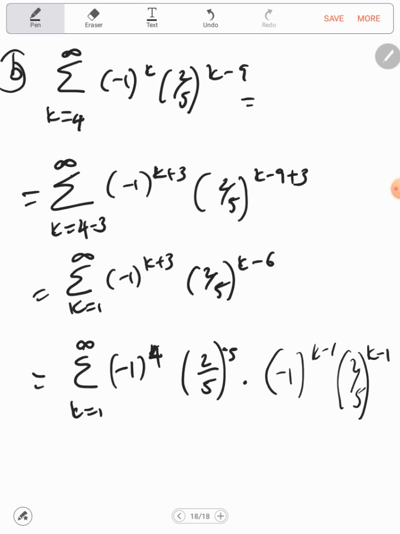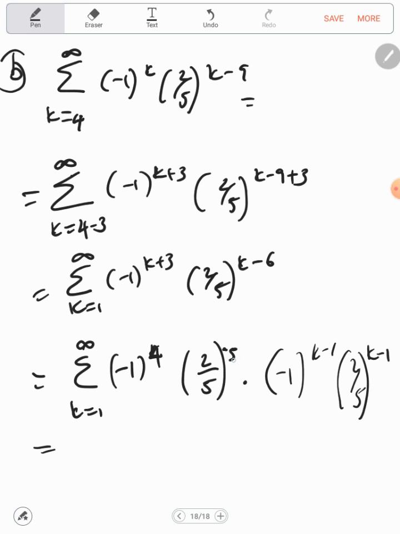So when this is added to that, we have k plus 3, and when this is added to that, we have k minus 6. Okay, so minus 1 raised to the power 4, this is an even number, so it just becomes positive.